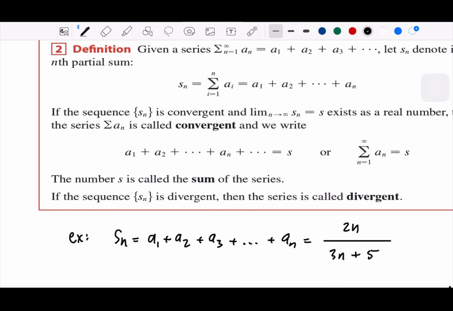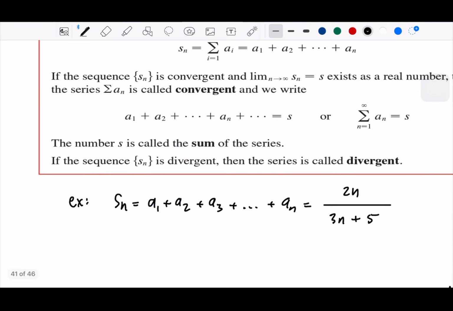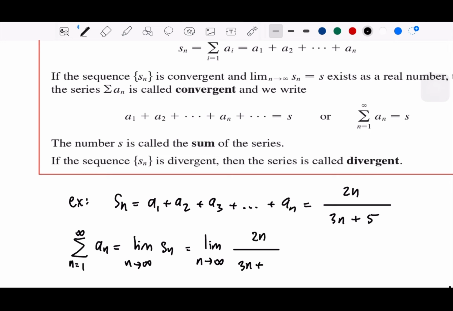Now the sum of an is the limit of the partial sum, or we could just input the value and compute the limit. If you see here, we could directly write that this is 2/3.